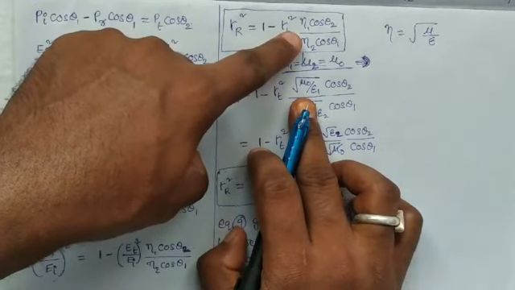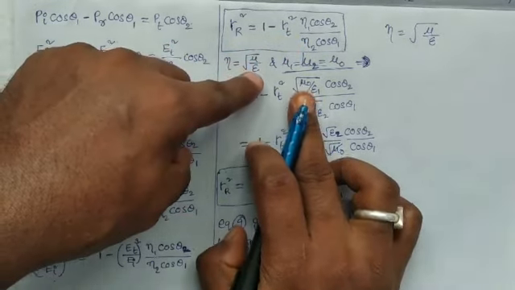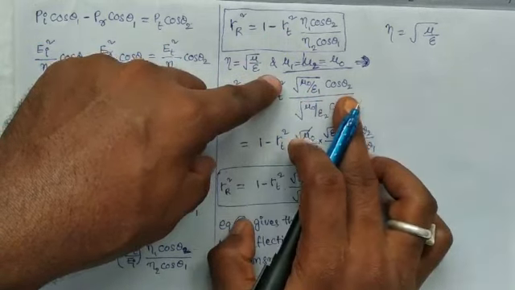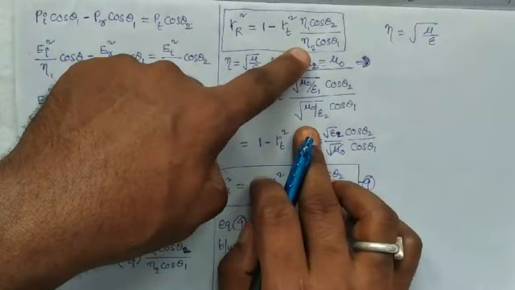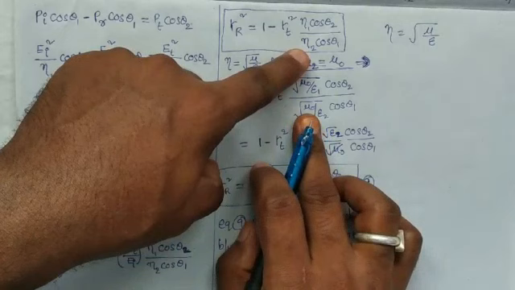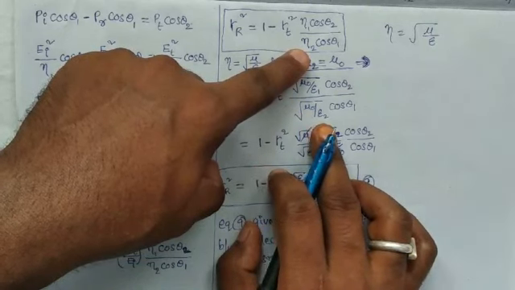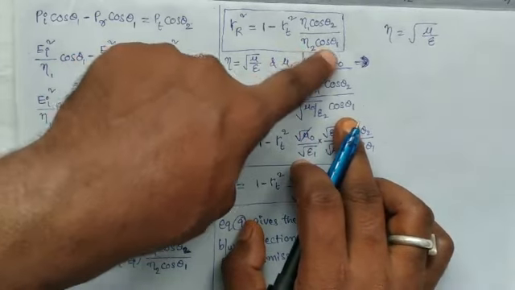Gamma R square is equal to 1 minus gamma T square times eta 1, where eta 1 is the square root of mu naught by epsilon 1, cos theta 2 by eta 2, where eta 2 is the square root of mu naught by epsilon 2, cos theta 1.